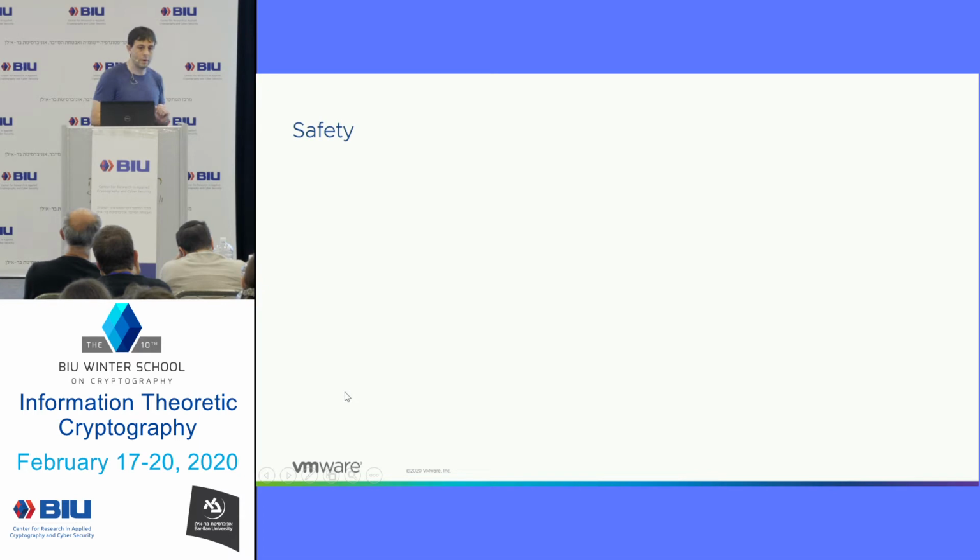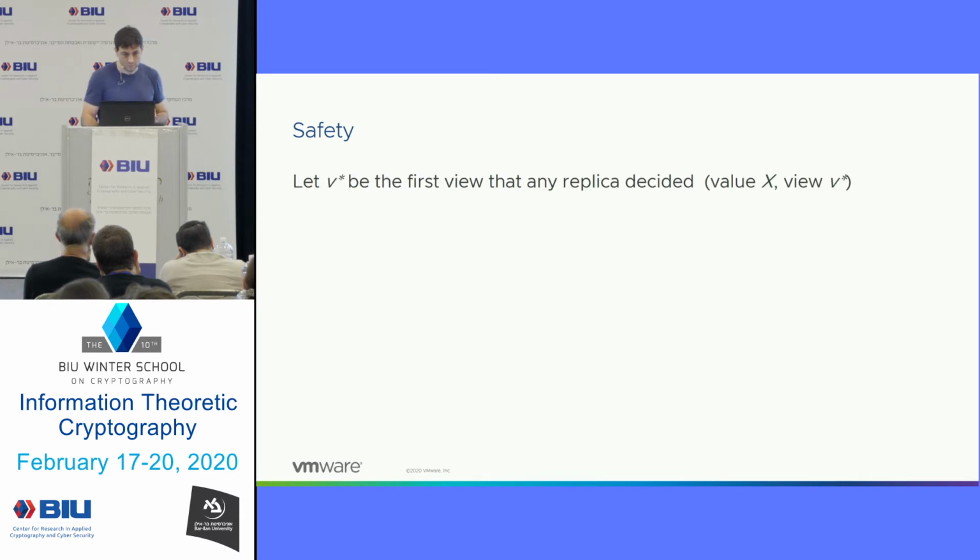And now we'll go over the safety argument. So the safety argument, again, I'll repeat it. It's an induction argument that just looks at the first view in which any non-faulty party decides. So let's assume this is view V star, and the value is x.